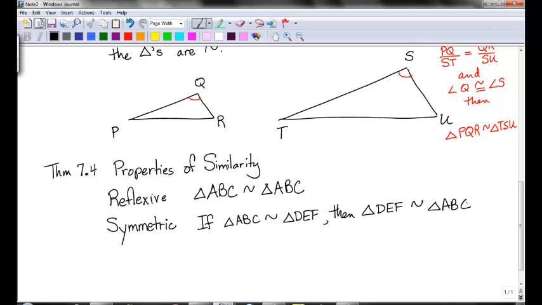Now, did I turn the letters ABC around? No. This would be like if A is similar to B, then B is similar to A.